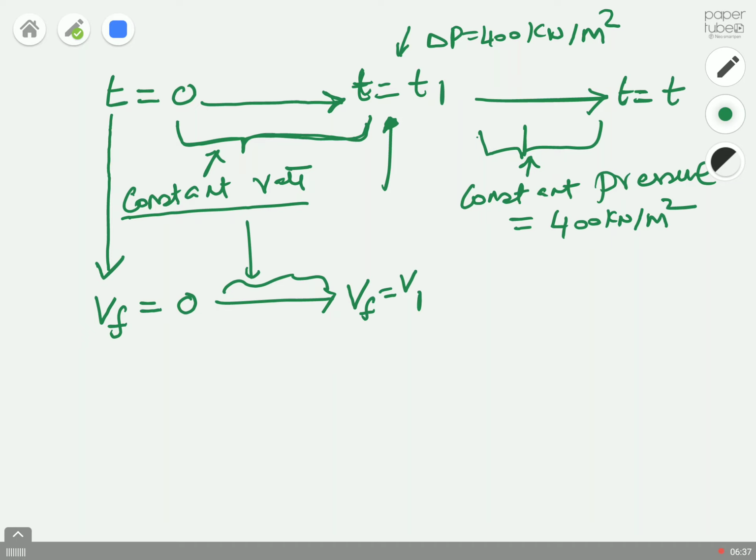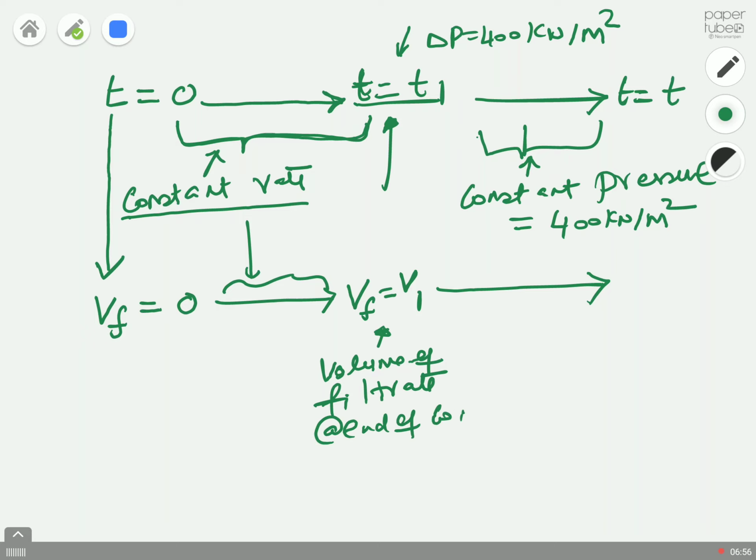V is equal to V1 when time reaches T1. So V1 is the volume of filtrate that we collected at the end of constant rate filtration.